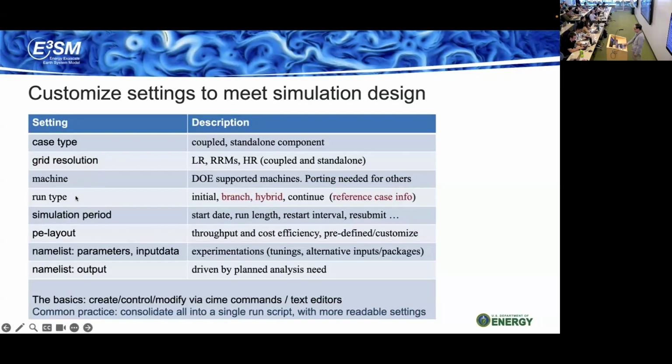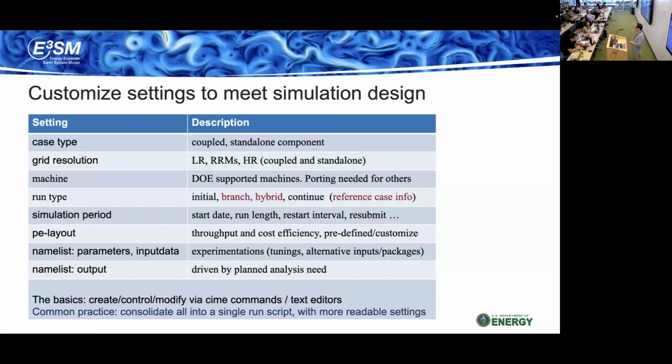Then there's the run type, and we'll spend more time on this. Right now, the run script has an initial run, branch run, hybrid run, and continue run. For the branch run and hybrid run, we usually also need to specify a reference case to branch from or to hybrid off. Then the simulation period, which is a general term: you need to say when to start in terms of model time, and how long you want to run.